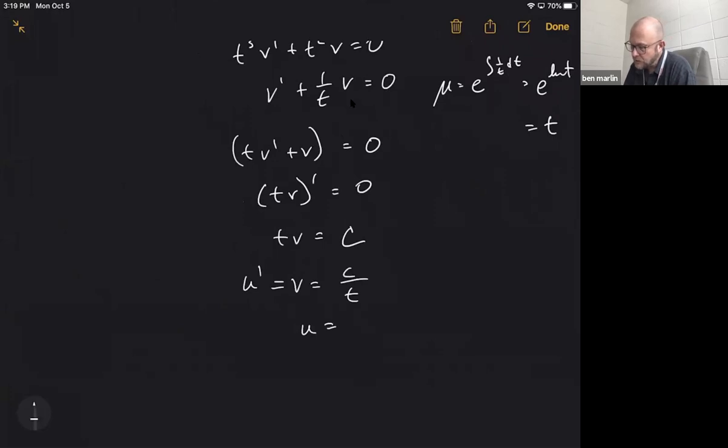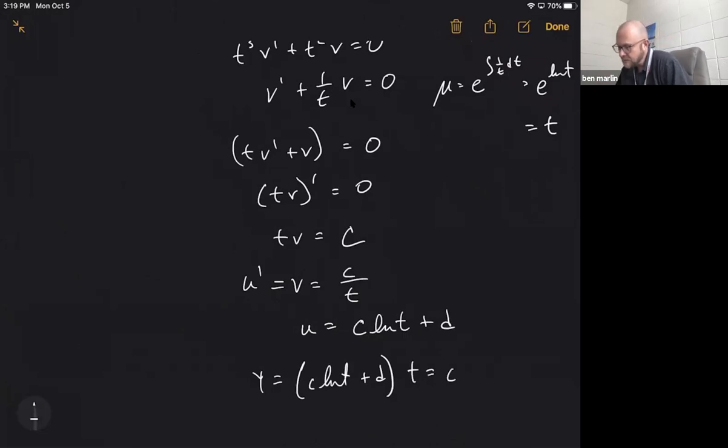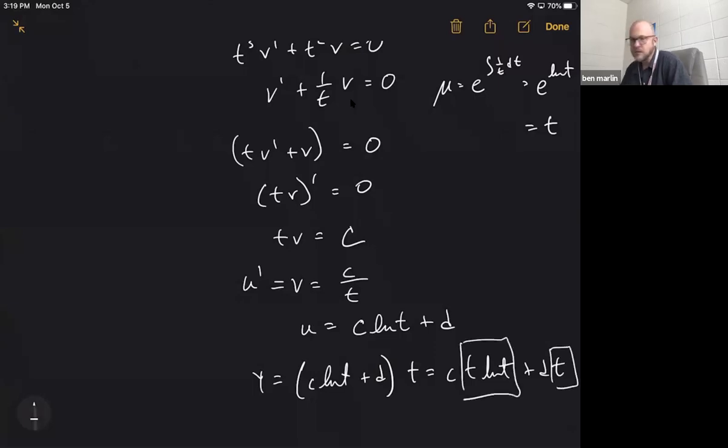So our u is going to be c log t plus some d, and our y, our general solution, once again, c log t plus d times t. So I'll write it as c t log t plus dt. So the first solution was that t, the second solution was that t log t.